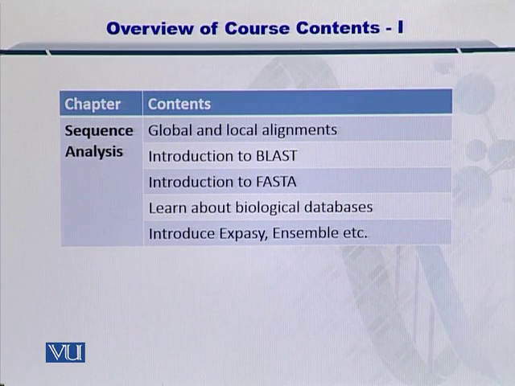Global and local alignments will be considered, and we'll see how the complete overall comparison yields as compared to the local sequence comparisons. I will introduce BLAST, the algorithm, and FASTA, the algorithm as well. We'll see how various biological databases are used, and I will also introduce tools such as ExPASy and Ensembl.